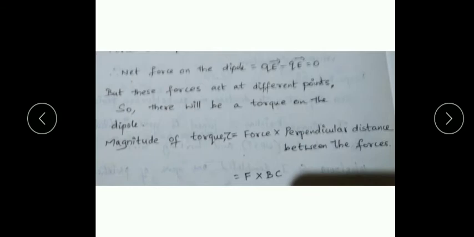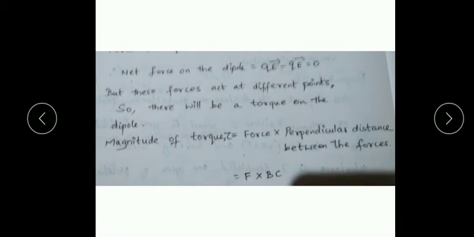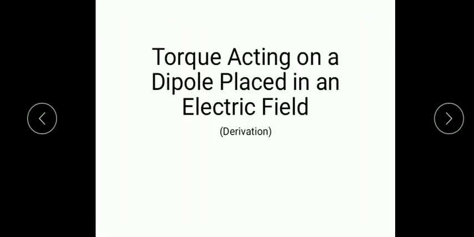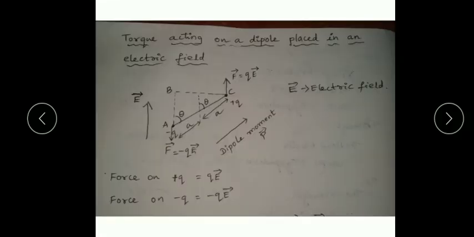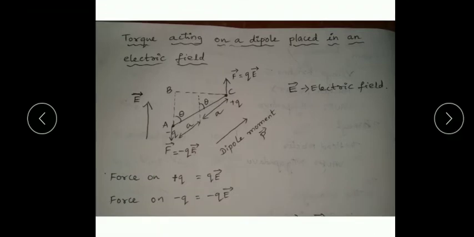So here this force is represented by F and BC is the perpendicular distance. You can see here, the perpendicular distance is BC. This is the direction of minus QE and this is the direction of QE.